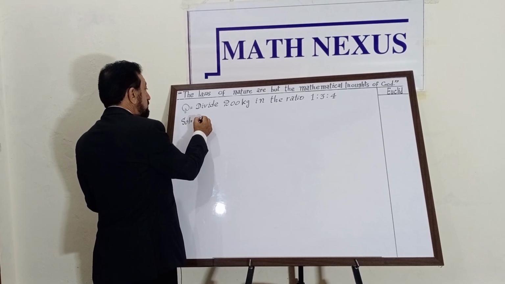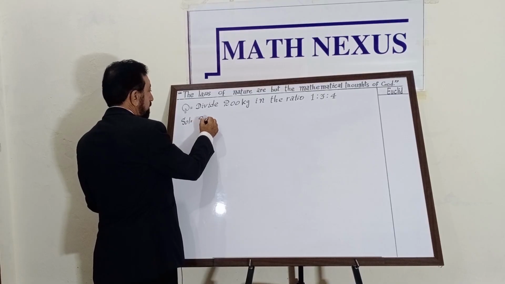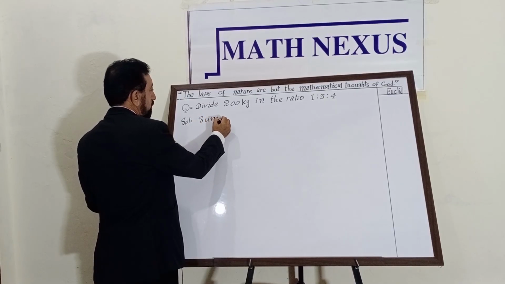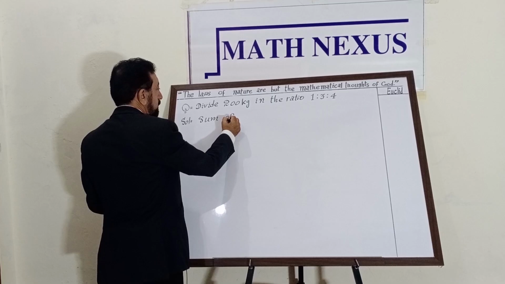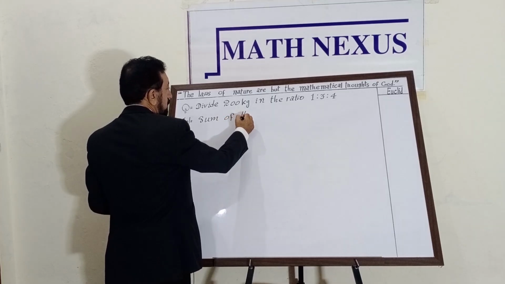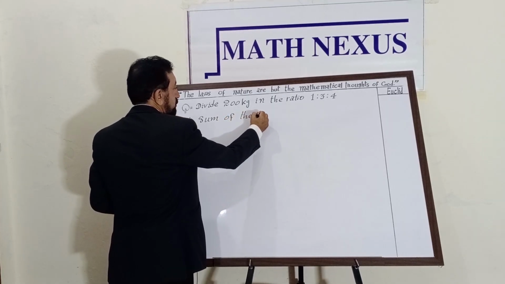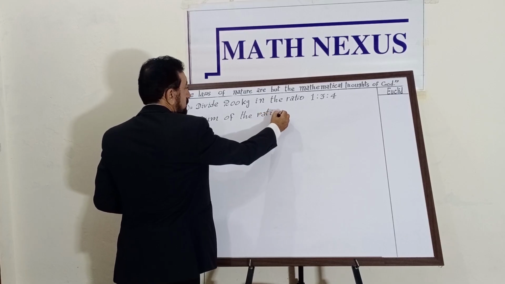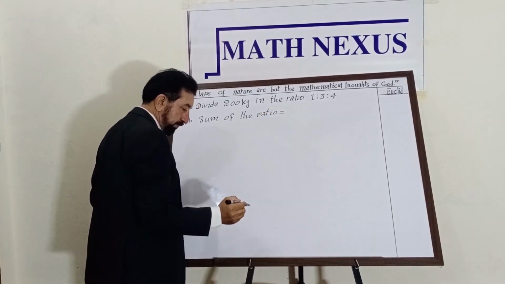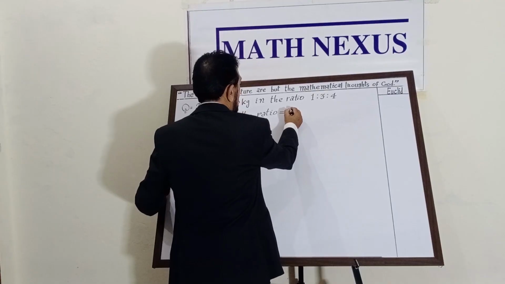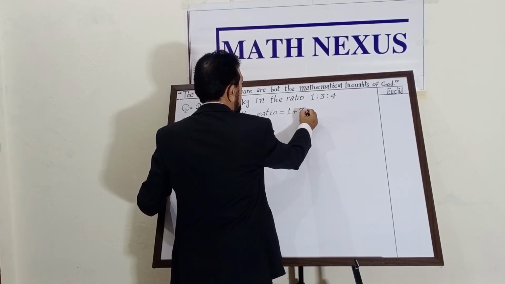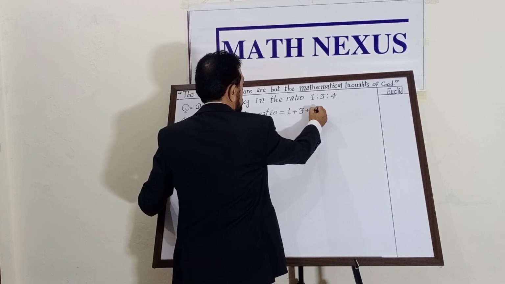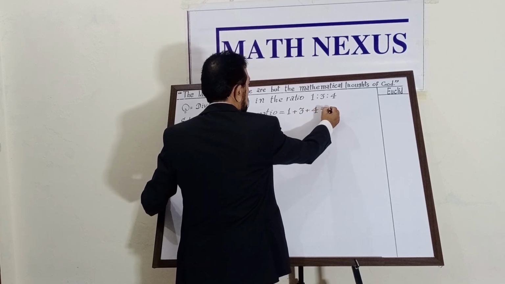First of all, sum of the ratio is equal to 1 plus 3 plus 4 is equal to 8.